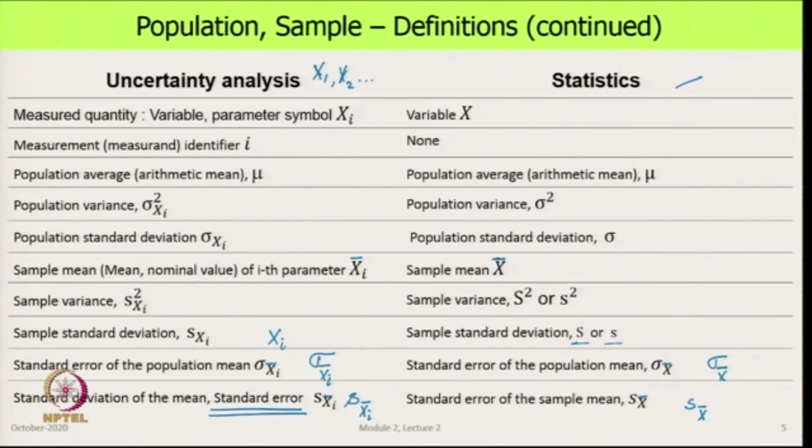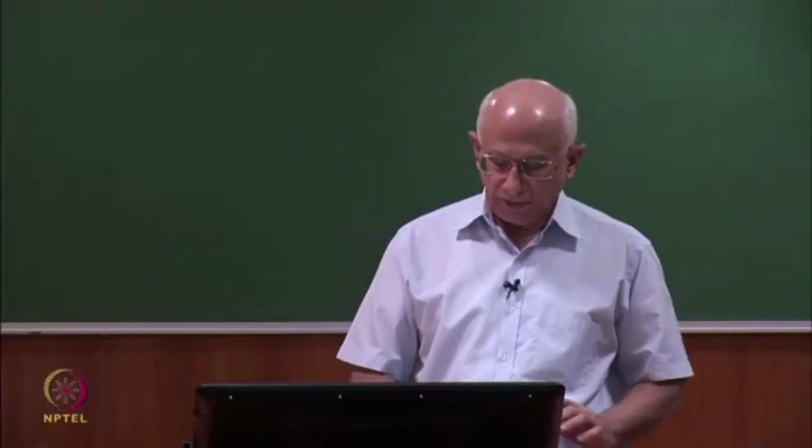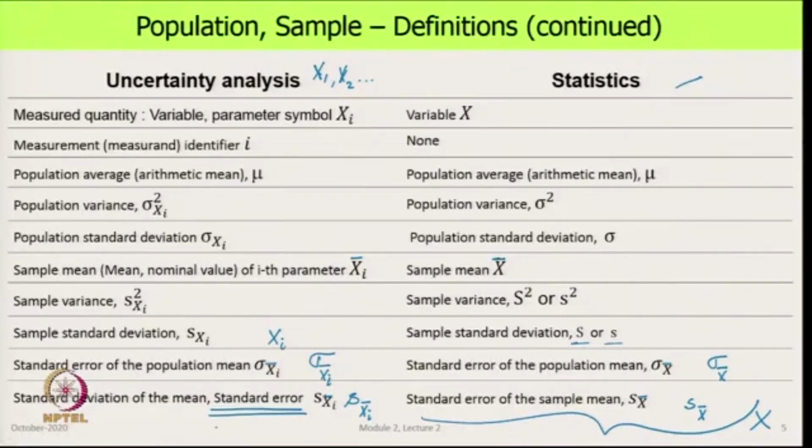Right now, only for some explanation I am going into some of these parts. Subsequently, and in the notes, everywhere we are consistent in using the uncertainty analysis definitions, which as I said are consistent with ISO GUM and PTC 19.1. So, that is what we will do.